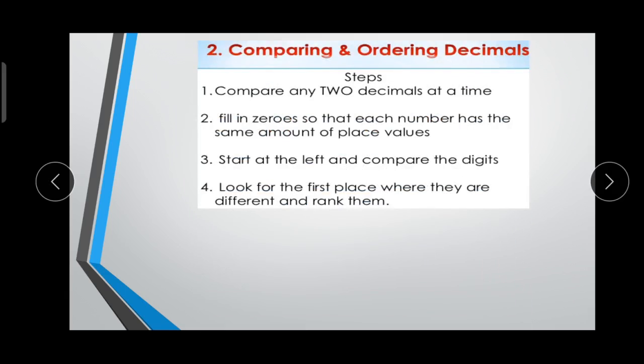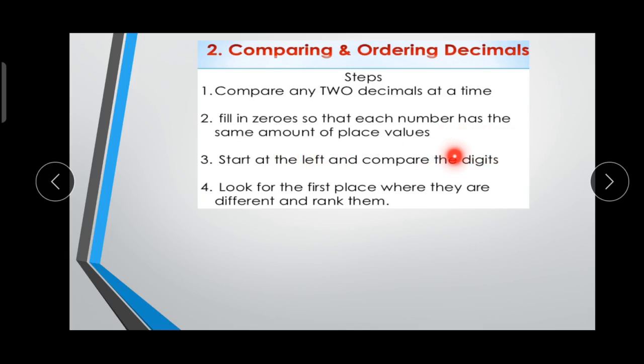Comparing and ordering decimals. How can we compare the decimals? This is very important, children. See the steps for how to compare. Compare any two decimals at a time. The first step is to fill in zeros so that each number has the same number of decimal places.